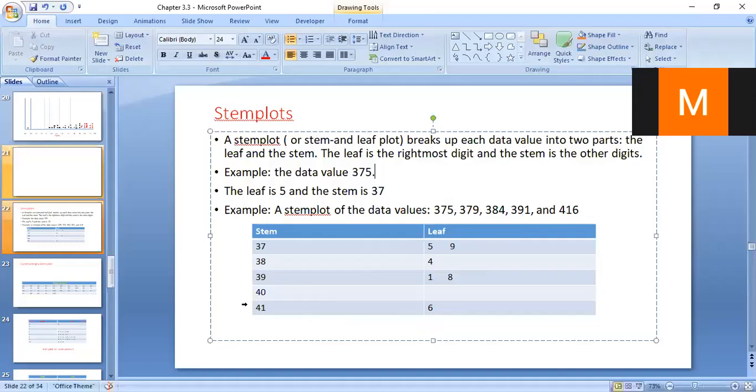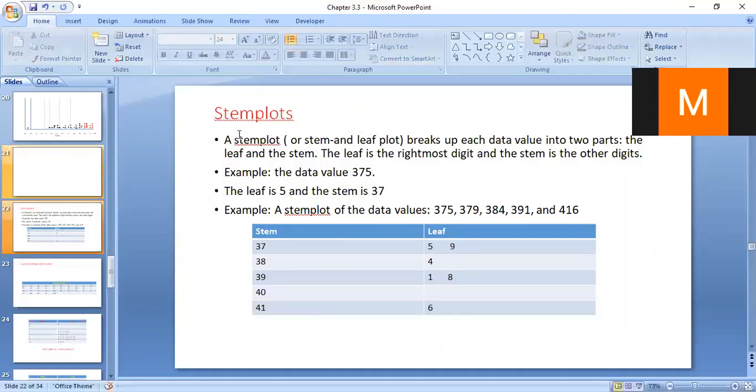From the numbers you can put them on the stem block, and from the stem block you can read the numbers back: 375, 379, 384, 391, 398, 460. That is the stem block. Stem block breaks up the data into two parts, the leaf and the stem. The leaf is the rightmost digit and the stem is the other.